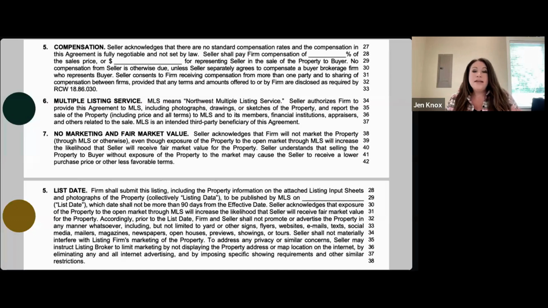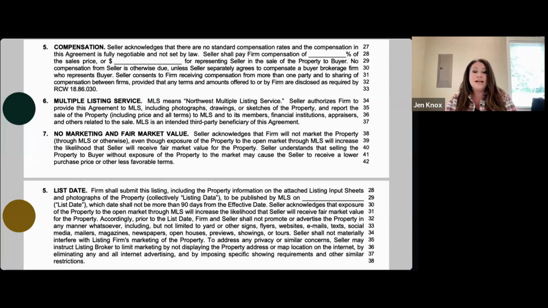Now, a seller who is identifying a buyer has probably already talked to neighbors and friends about putting their home for sale. So when they've done this, we can't exactly stop what's already happened.